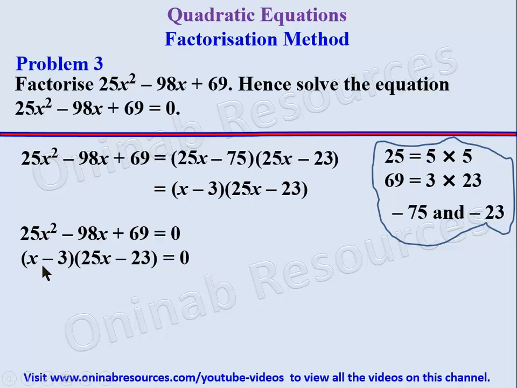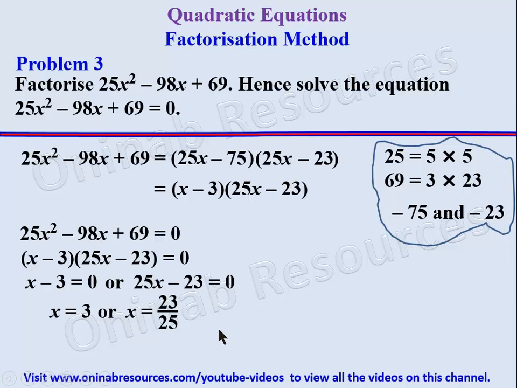And from here, x minus 3 is equal to 0, or 25x minus 23 is equal to 0. Solving this, x is equal to 3, or x is equal to 23 over 25. So we've solved the equations in the second part of the problem. And that is the end of solution to problem 3.